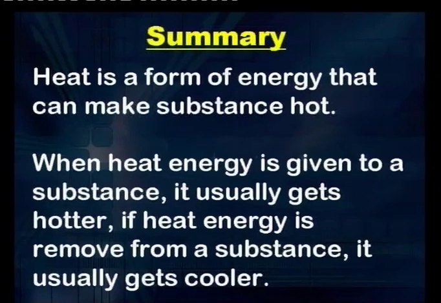Point number 2, there's a word missing. When heat energy is given to a substance, it usually gets hotter. If heat energy is removed from a substance, it usually gets cooler.